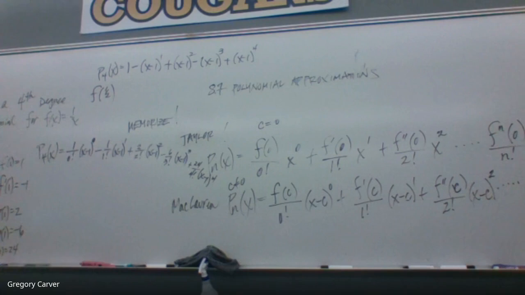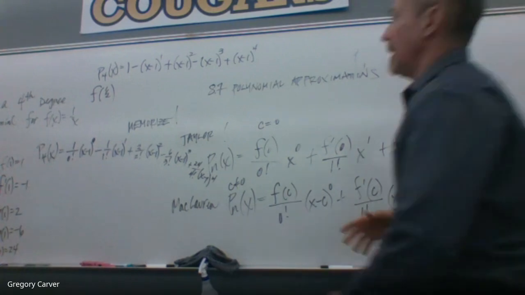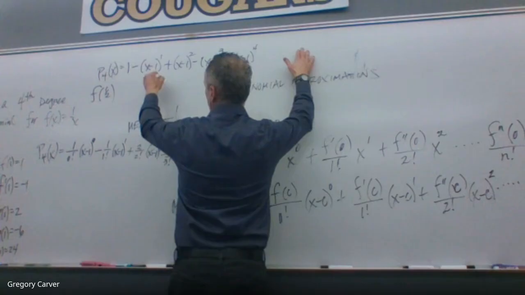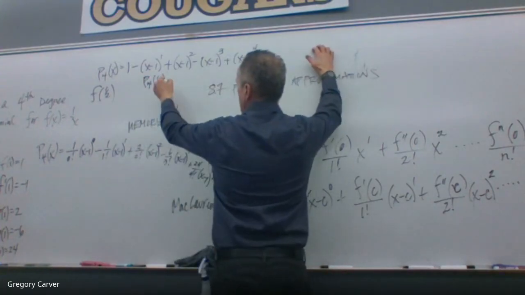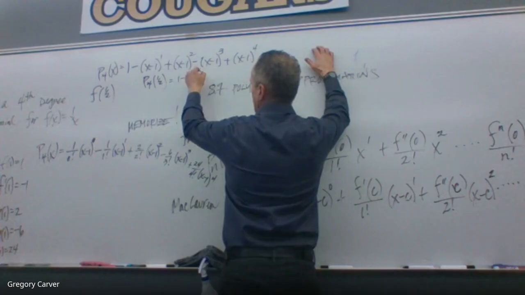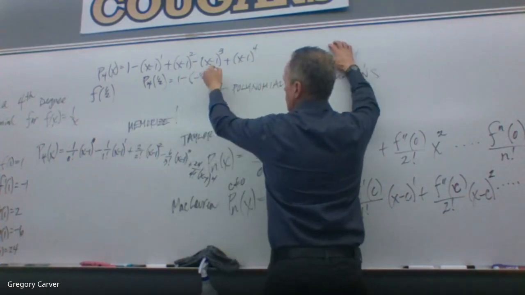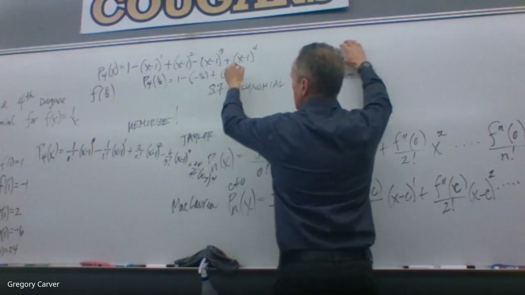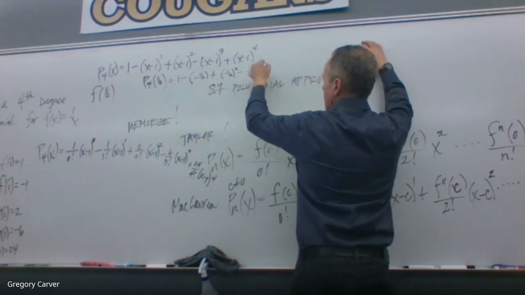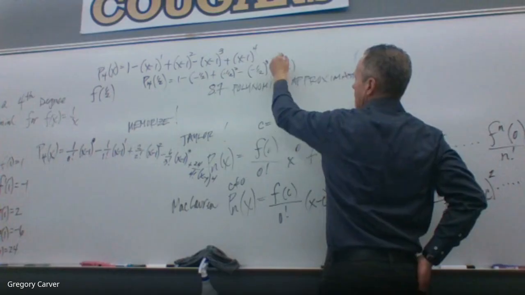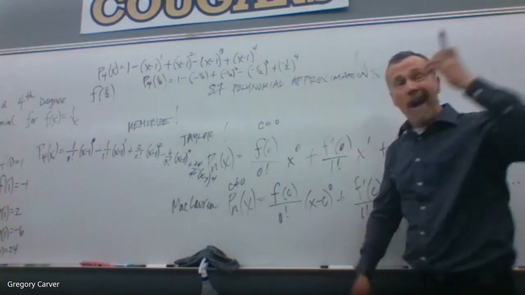How we doing, people? By the way, if I did get this right, if I did P sub 4 of 1/2, you guys agree I'll get 1. This is going to be 1 minus negative 1/2 plus negative 1/2 squared minus negative 1/2 cubed, plus negative 1/2 to the fourth.